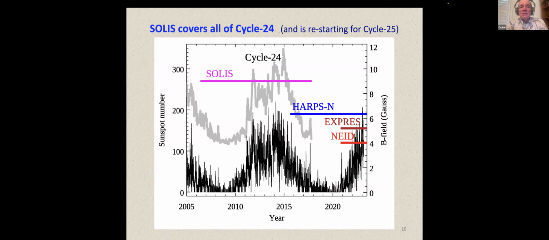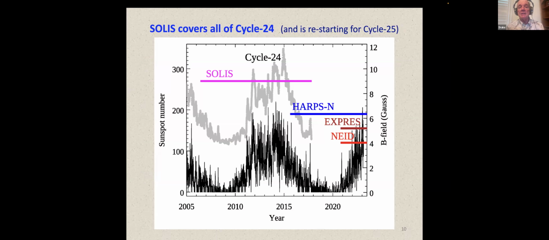So one big advantage of SOLIS is that it covers all of solar cycle 24. It began in 2006, and it was temporarily decommissioned in 2017 because the facilities on Kitt Peak were closed down, and SOLIS is being relocated to Big Bear. So it will start up again. And I keep hoping it will be ready any day now, but it hasn't started up again.